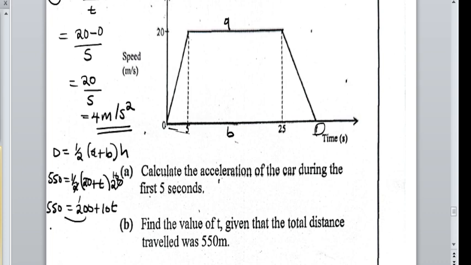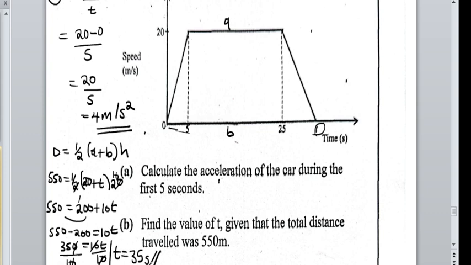Then 550 subtract 200 is equal to 10t. So 350 is equal to 10t. Then divide by 10, divide by 10, zero goes, zero goes, then t is 35 seconds. So t is 35 seconds.